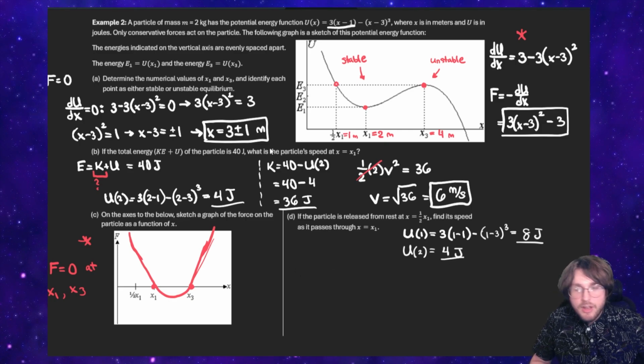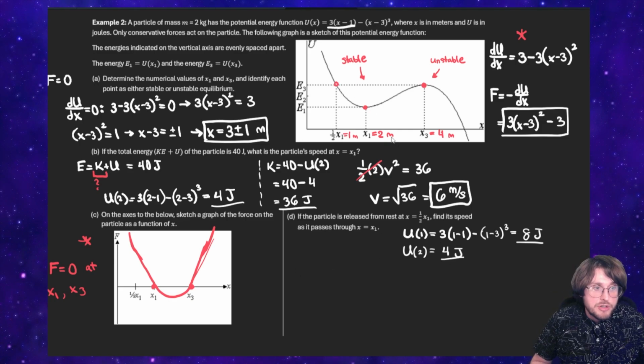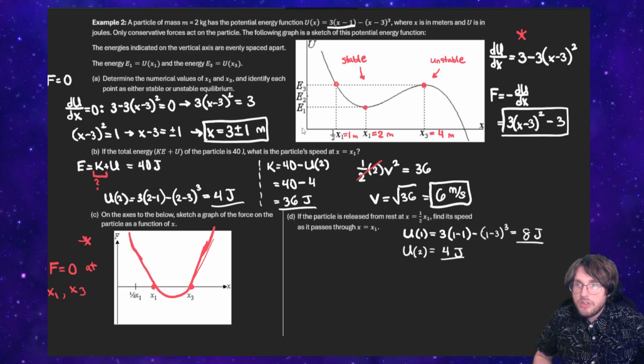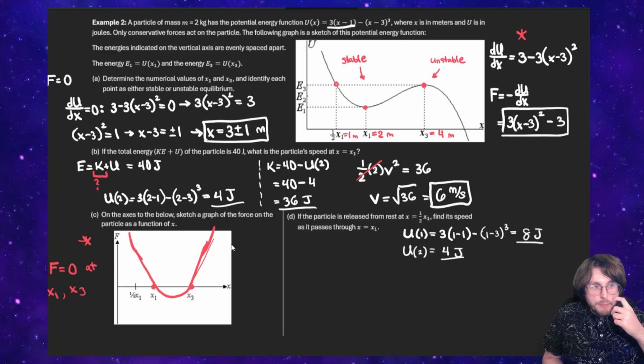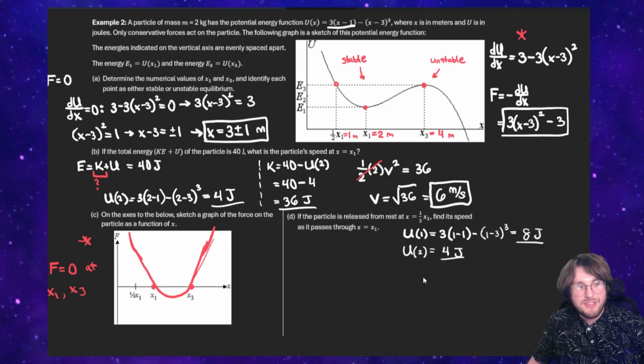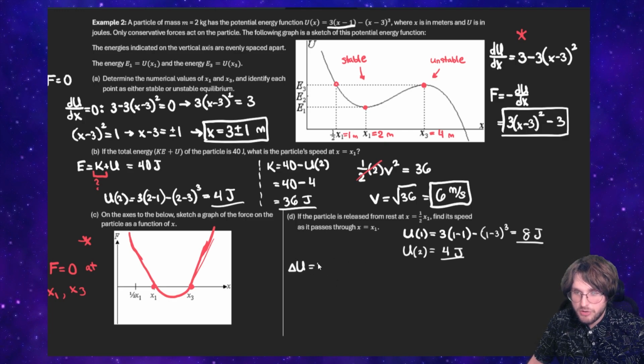Now with that, if we can find how much the potential energy changes, then again, we can use this relationship from the slides that kinetic energy is the negative of potential to get us ever closer to the final answer. So first, we need to find the change in potential energy. And for that, it's going to be final minus initial. So it'll be U2, which is also a nice rock band, minus U1.